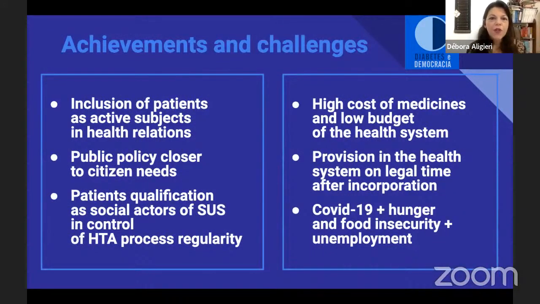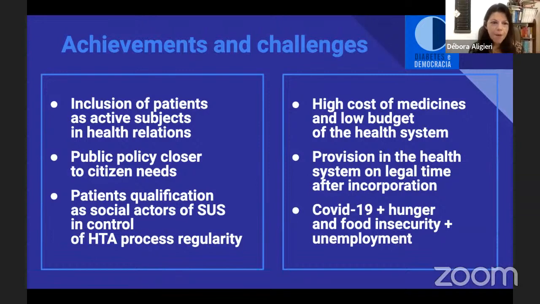Well, what are the achievements and our challenges now? With this participation, we could include the patients as active subjects in health relations.